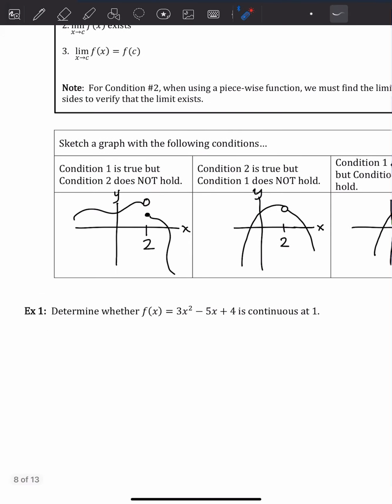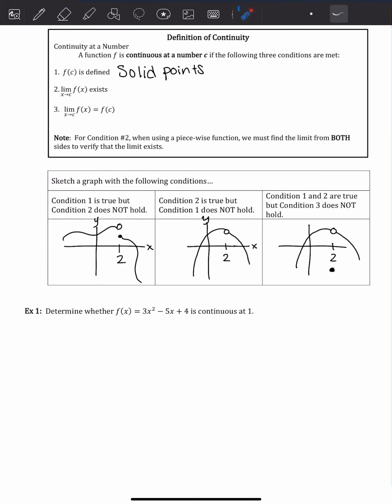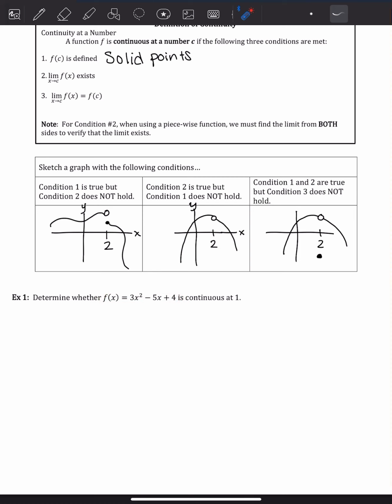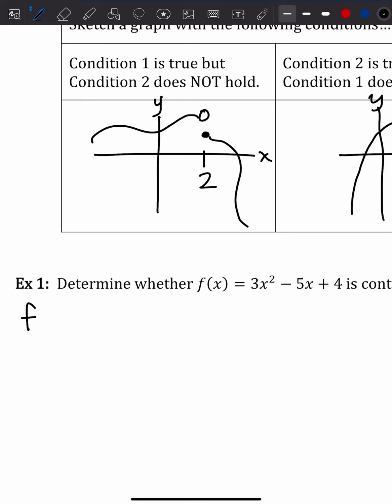So we're going to be determining if the function f of x is continuous at 1. So what we're going to do is we are going to go through these 3 things to make sure. So we're going to start with, do we have a y value at that x value? So this first part, we are just going to find f of 1.